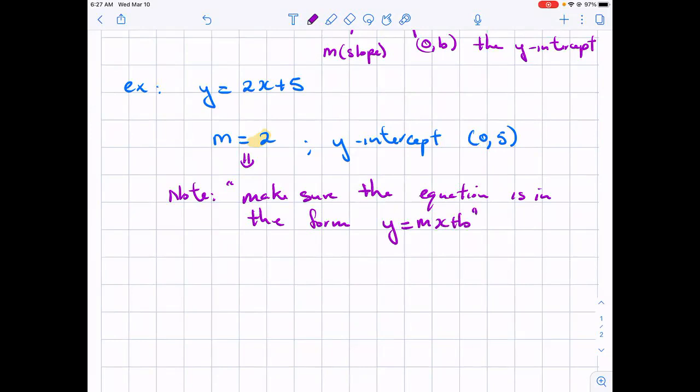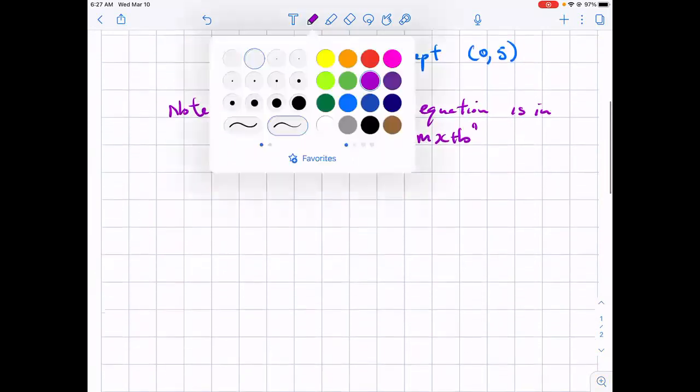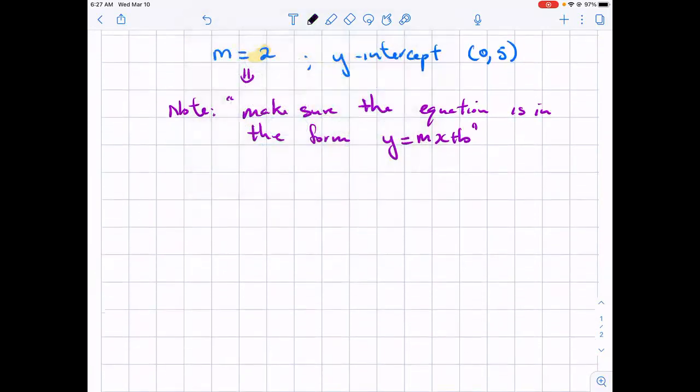If y is not by itself, then you cannot say the slope is the number next to x.